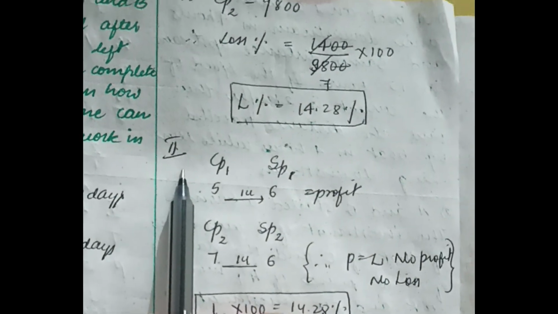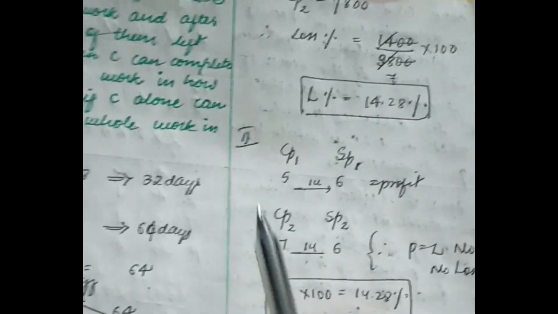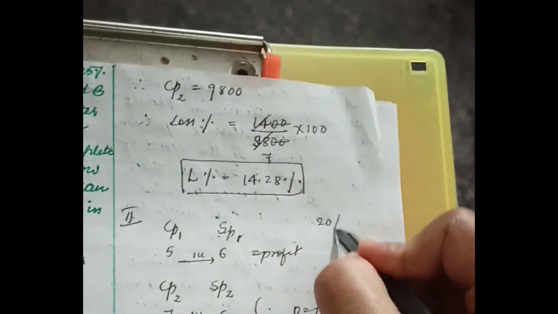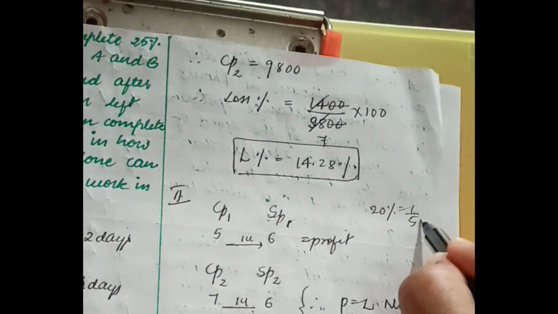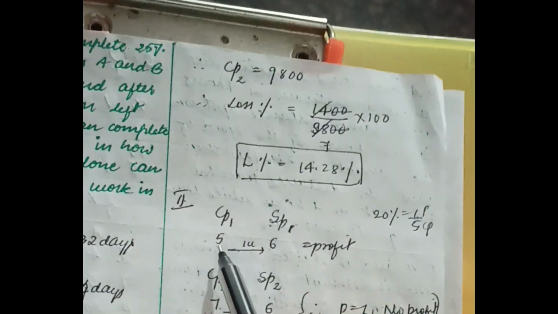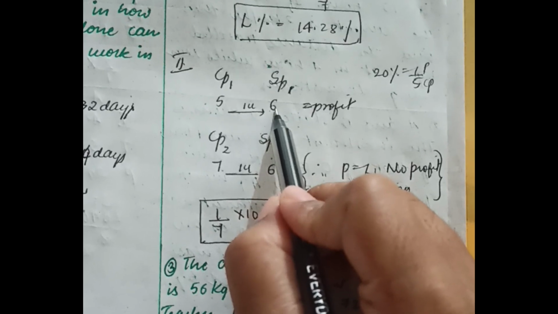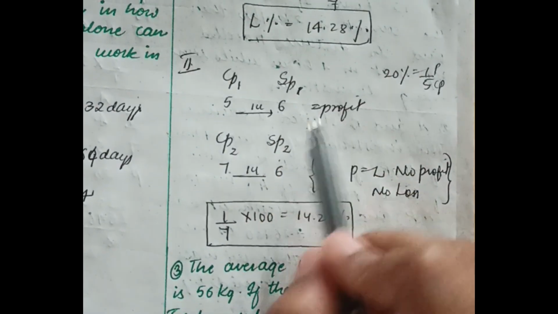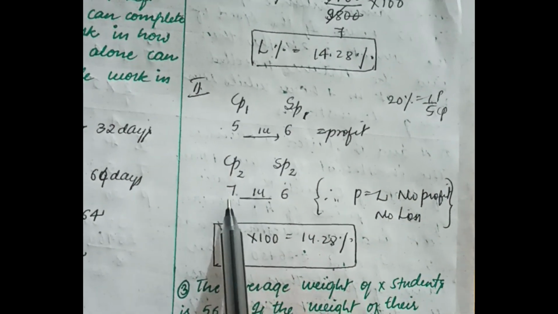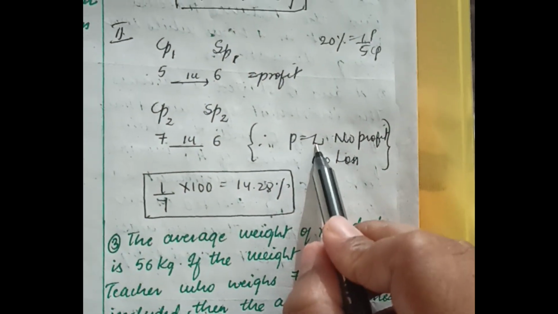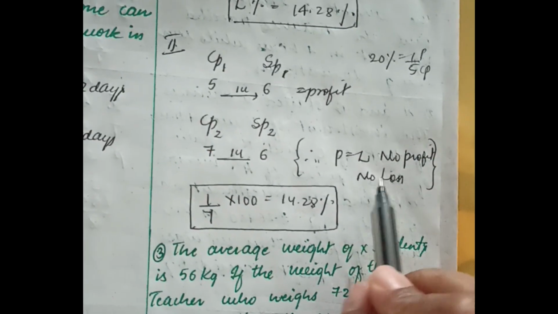We can do it by another method also. Since we know the profit is 20%, 20% will be equal to 1 by 5. That is, this will be CP and this is profit. So CP is 5 and we got a profit of 1 unit, so I wrote here 6 units. Then for CP2, since profit is equal to loss, that means no profit, no loss.